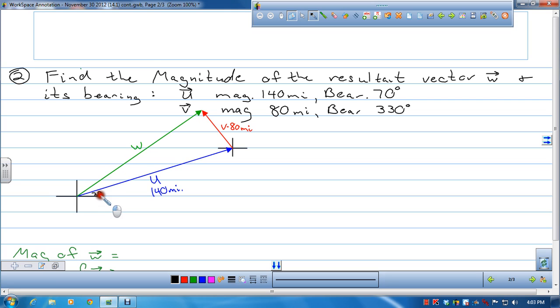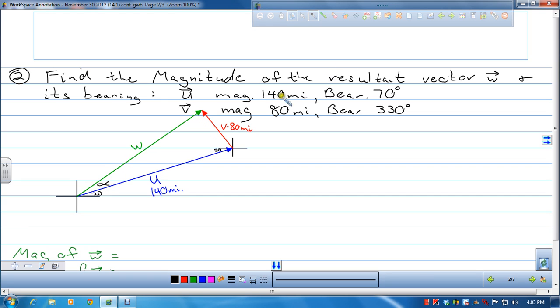That little sliver right there is 20, which makes this little sliver in here 20. I'm going to try to piece together the angles of this particular triangle that is formed, because this is what I want to know. I'm going to need to find that out.